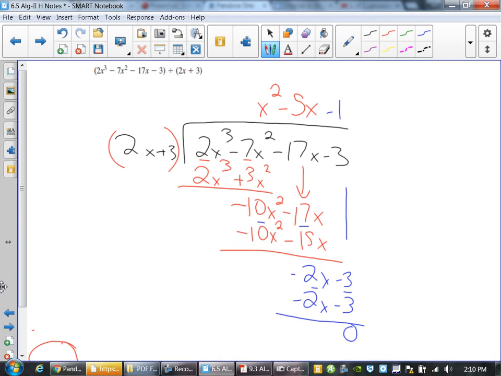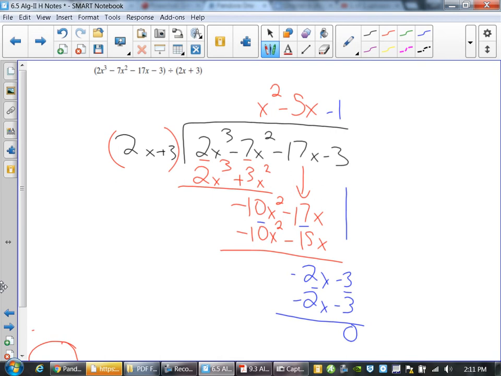That's how that's working itself through. You're keeping the sign that's up on top, distributing it to both terms on the outside. That's why we got those negatives there. Does that make sense? Do you always use the first term, or the one with the highest power? Always use the first term. So if it was 3 plus 2x, then we use 3. You always put it in descending order, and then go for first terms.